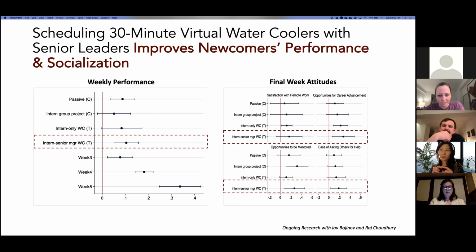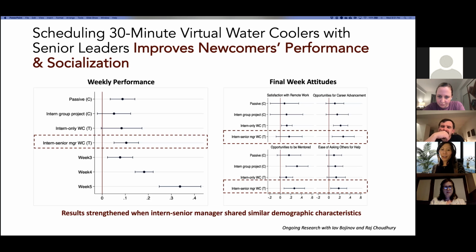Those who had those opportunities for Zoom meetings of 30 minutes with a senior manager, and you think about it, it's 30 minutes over 5 weeks, or maybe 2 of these opportunities, felt more satisfied with remote work and had more opportunities for career advancement and mentorship. They also felt it was easier to go to others for help just by having these small interactions.